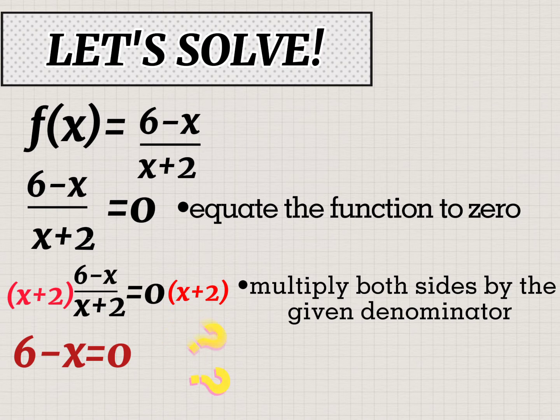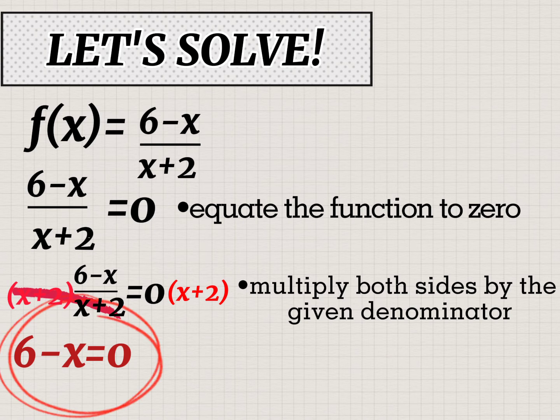But how did we get that answer? As you can see, there is a common factor which is x plus 2. So we will be doing the cancellation process. That is why we get the answer 6 minus x equals 0.